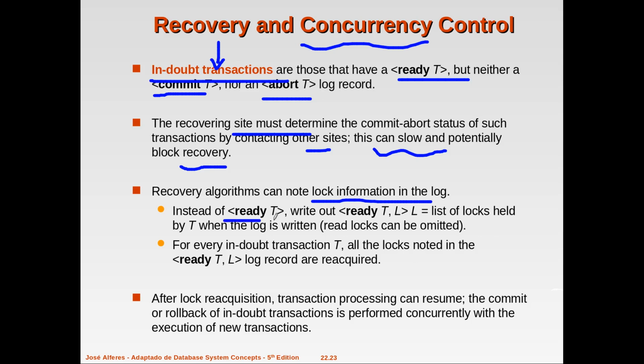Instead of the ready-T message, which was usually sent back to the coordinator, each site will send ready T, L. Ready T means the transaction is ready. Also, it will send the list of logs held by that particular transaction when the log is written. In this situation, we are considering only write logs. We are not considering read logs.